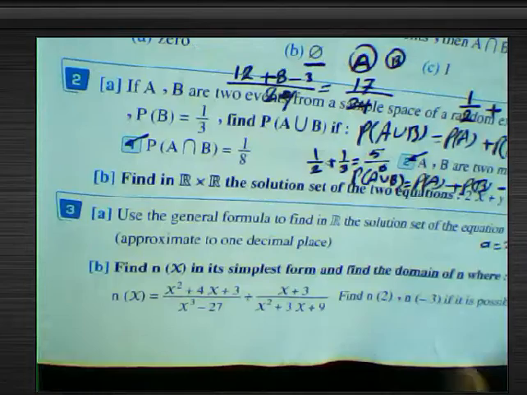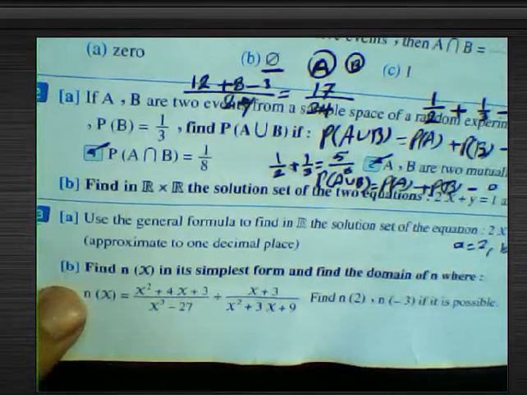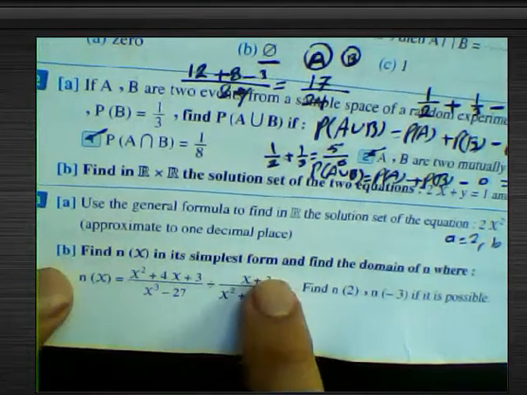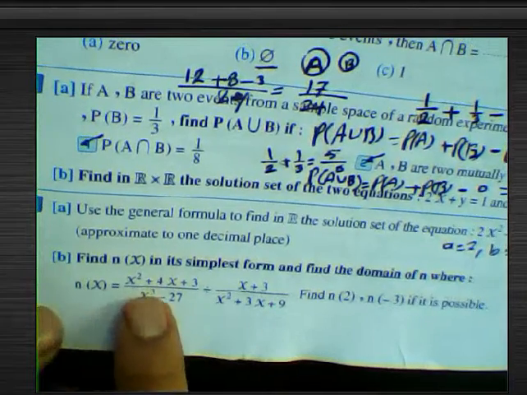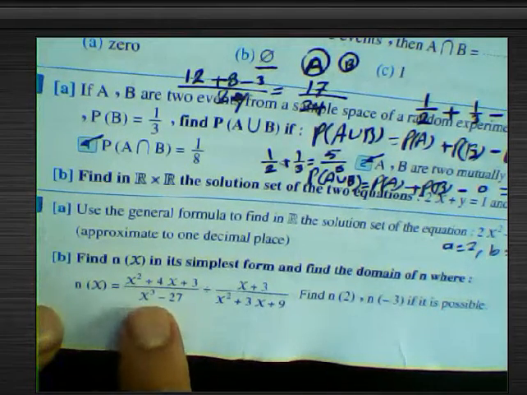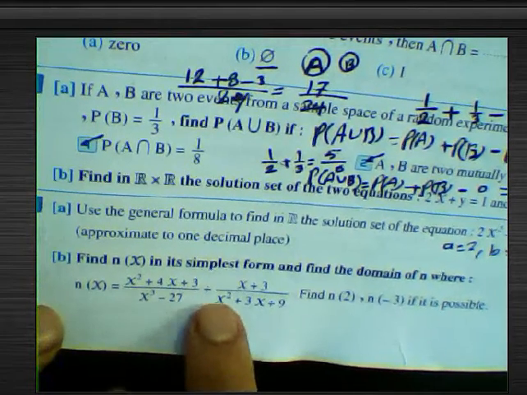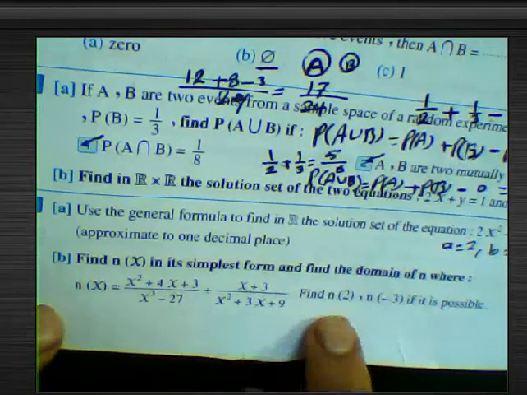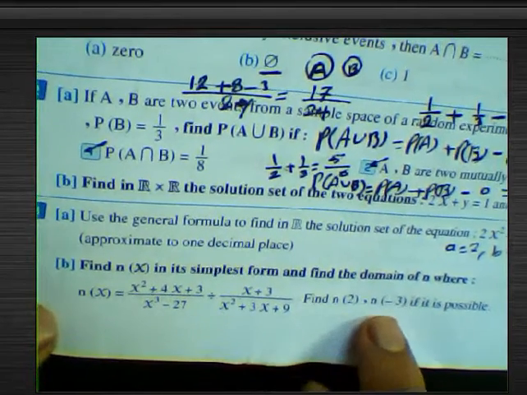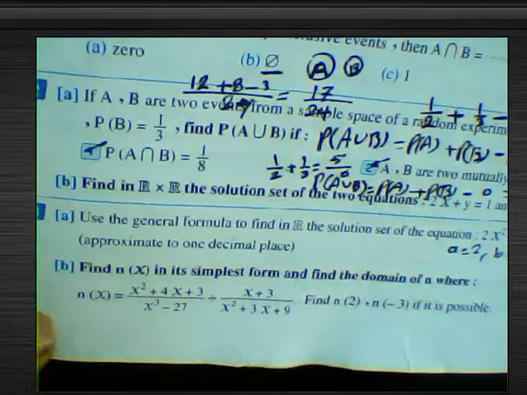Okay, question B, find n of x in the simplest form and find the domain of n, where n of x equals x² + 4x + 3 over x³ − 27, divided by x + 3 over x² + 3x + 9. Then find n of 2 and n of negative 3 if it is possible.